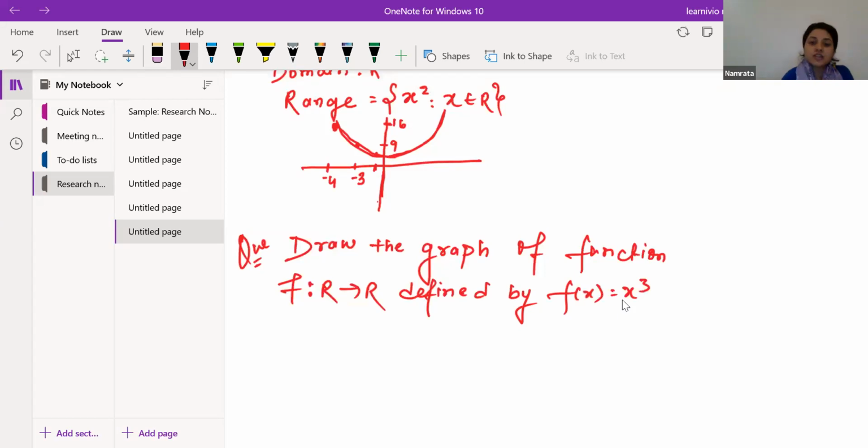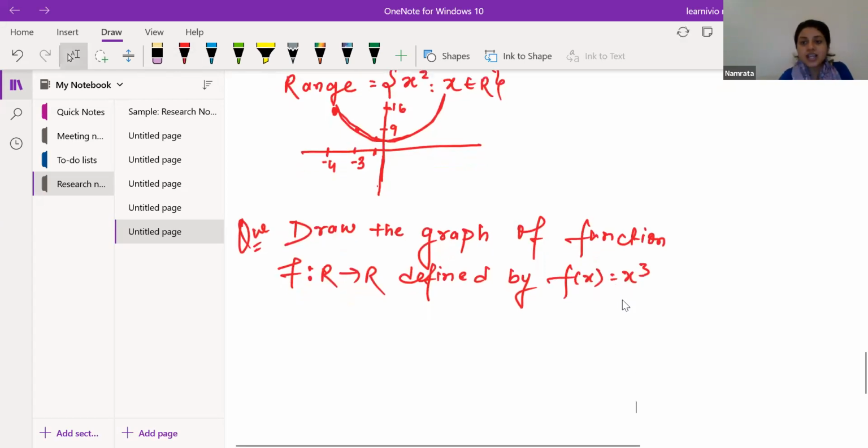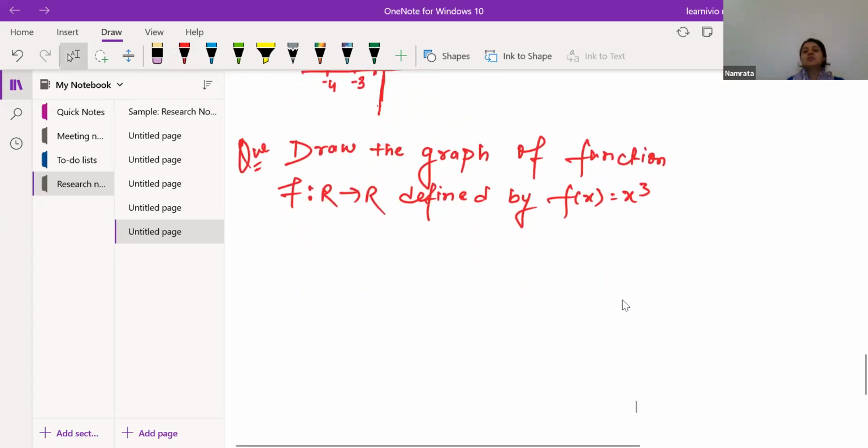This is a cubic function. Let's see how the graph of this function looks. To draw the graph, we take some random values for x and find the y value for each. So let's do that.